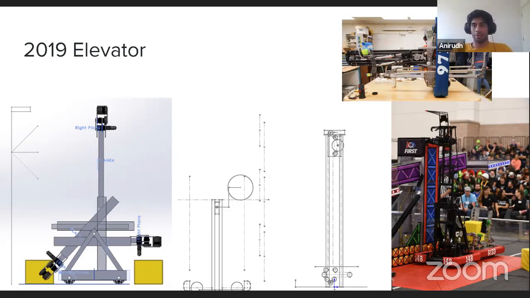Oh, actually, no, that doesn't count because their intake came out the top. But you can see it in this picture, in the bottom left picture of 3847, where their intake essentially swings through their elevator.